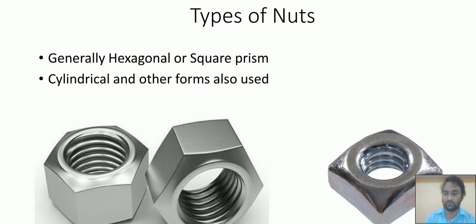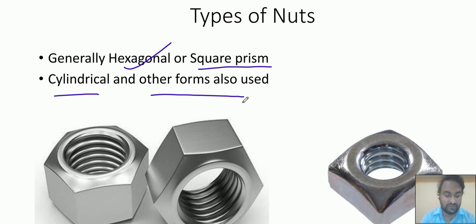There are various types of nut, but generally we use either hexagonal or square shape, and some other forms are also used. In general applications we use the hexagonal nut, and in certain applications we use the square nut.